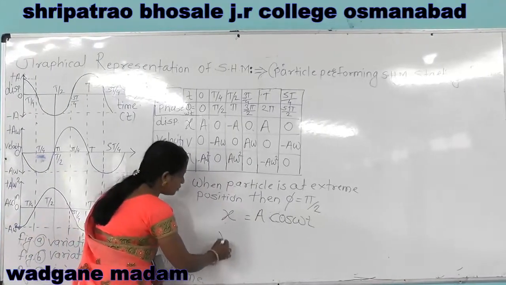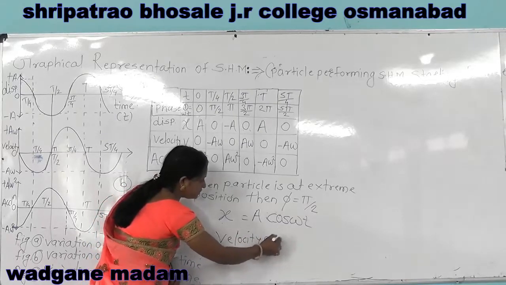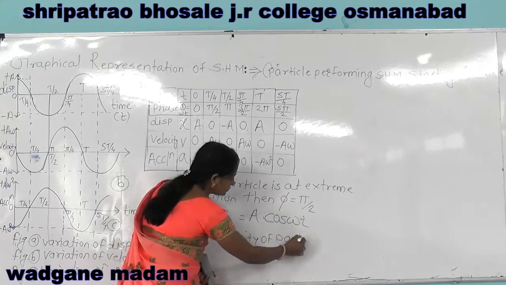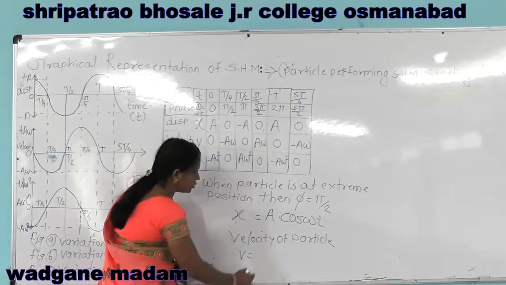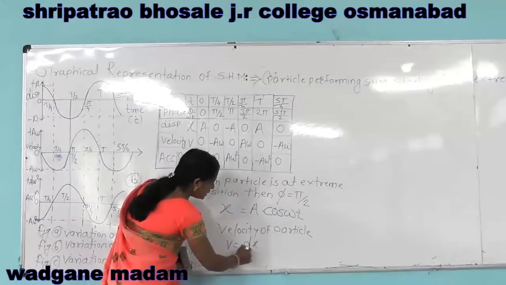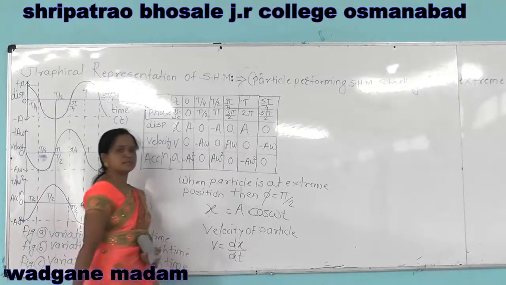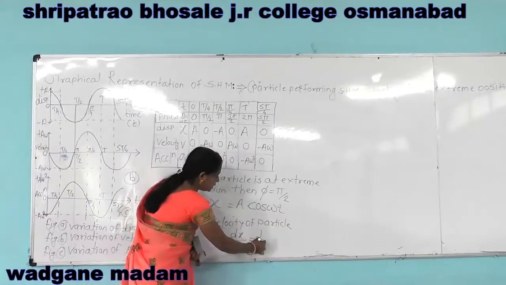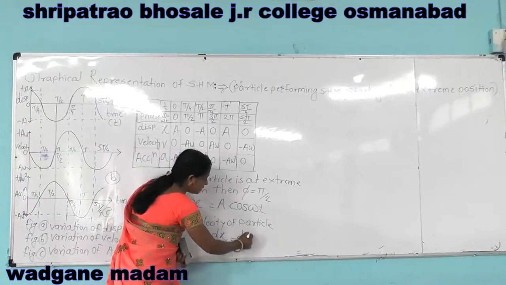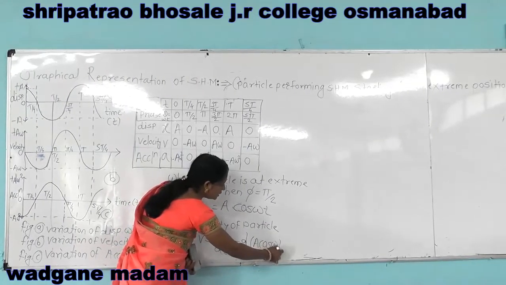Then we know that the velocity of the particle is given by v is equal to dx divided by dt. Therefore, putting this value of x in v, we get d by dt of a cos omega t.